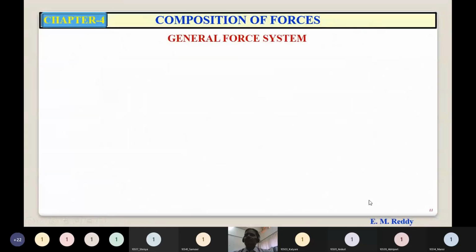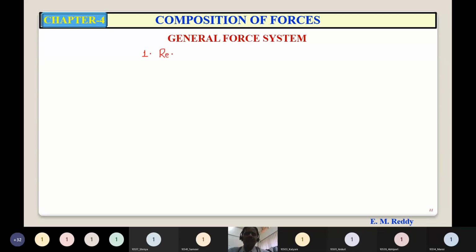In the previous class, we were discussing how to determine the resultant of a general force system, right? So what are the various steps involved in determining the resultant of a general force system? The first step is, you can note down these steps.